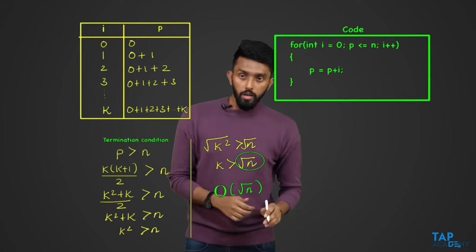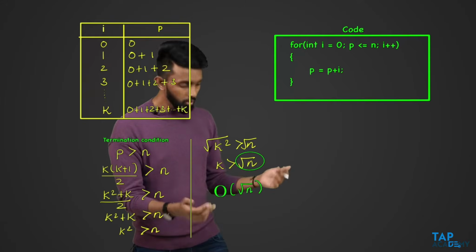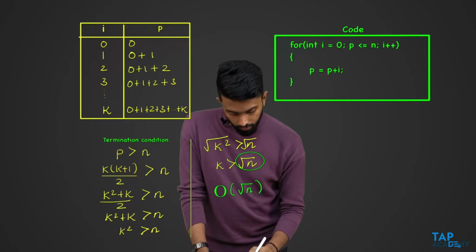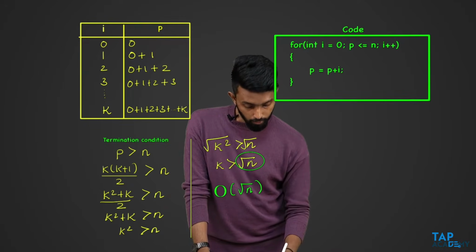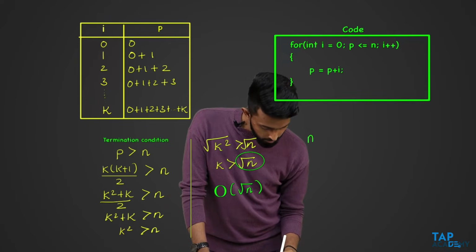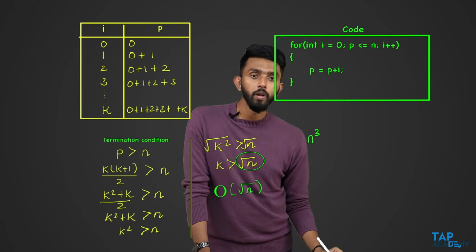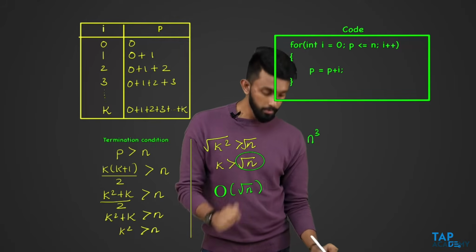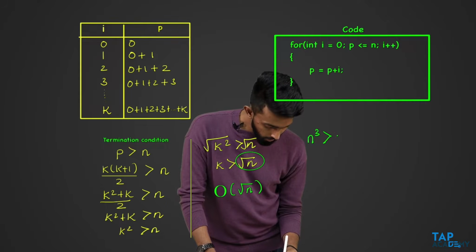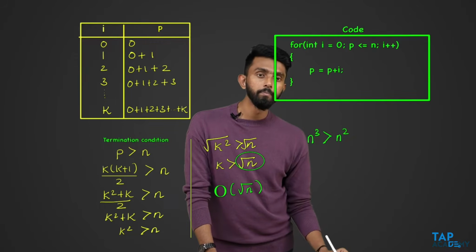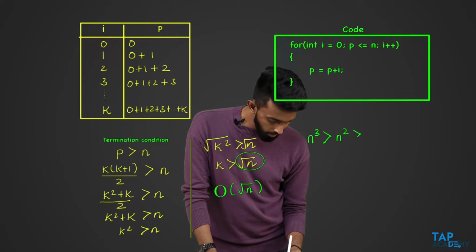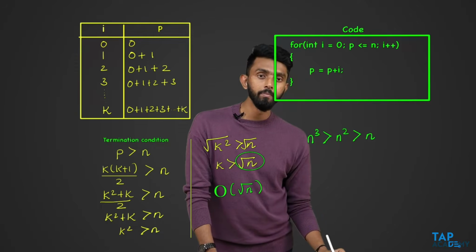If you look at this, one more thing becomes very evident to anybody who's carefully looking: we have seen n cube. Naturally, n cube will take more time than n square. Naturally, n square will take more time than n.